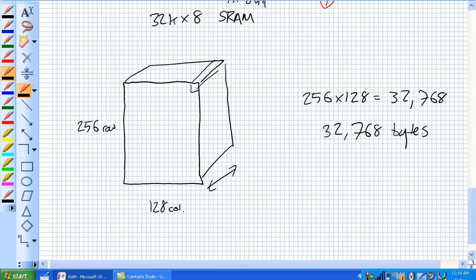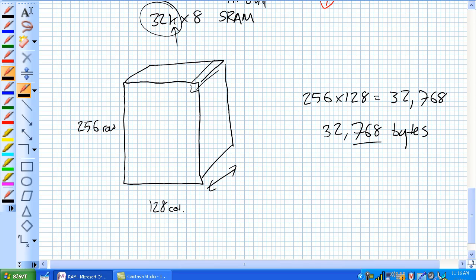But we have taken the liberty of giving ourselves a little bit of shorthand, calling it 32K. Basically, anytime that you've got a K or a mega, it's the nearest power of 2. Okay, it's a little bit of computer shorthand.